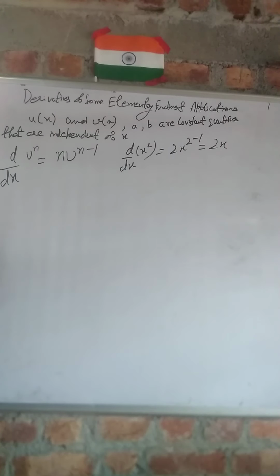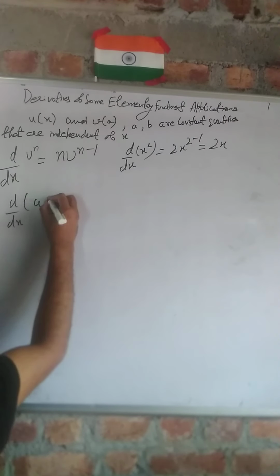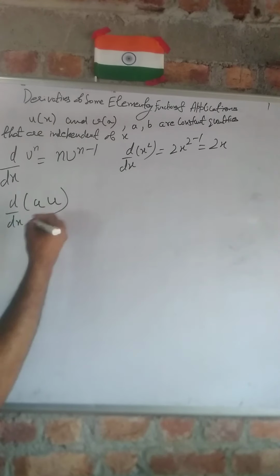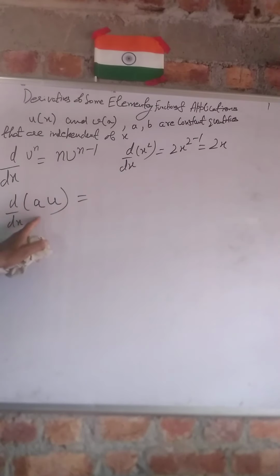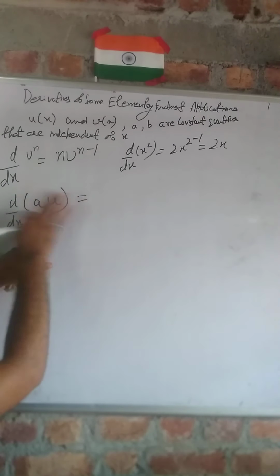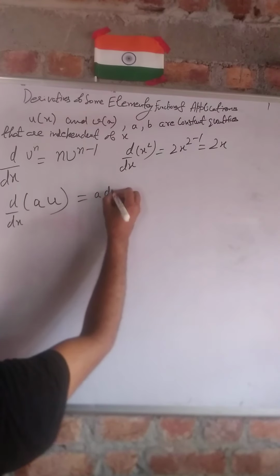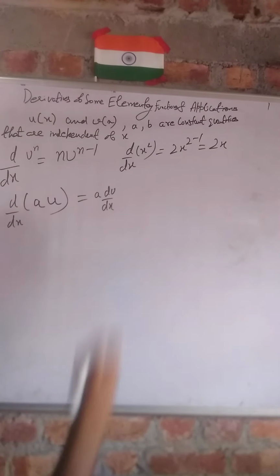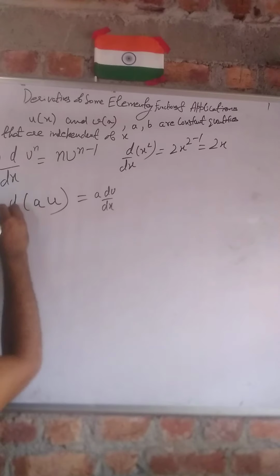Now suppose you have a function d upon dx of a u. Now u is a function of x. I have already specified that a is a constant that is independent of x. So a constant term is always taken out of the differentiation. Then its derivative will be a du by dx. Okay. Now this is the first formula, this is the second.